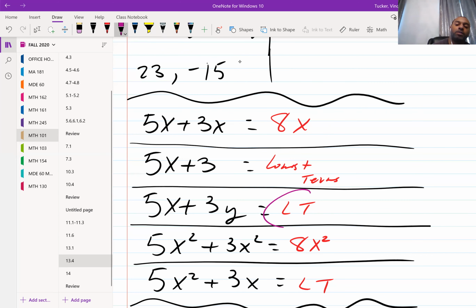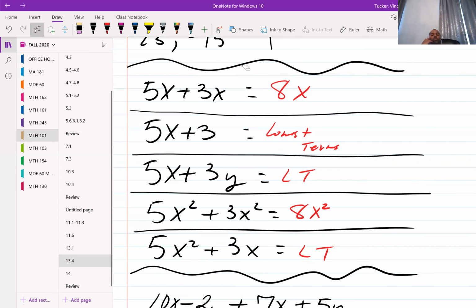Cannot add them together, so that's already in lowest terms. 5x squared plus 3x squared is 8x squared. They both have the power of 2, they both have x, so you can add them together. And then 5x squared plus 3x, cannot add those two together, so that's already in lowest terms.